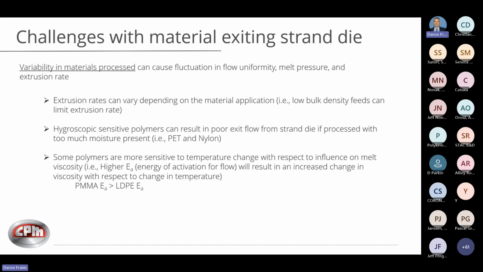Talc is one that comes to mind. If you have higher loadings of talc, 25, 30% or higher, particularly if it's a micro grade, a very fine particle, it has a tendency to fluidize. Fumed silica is another one. Those a lot of times will limit your extrusion rate.